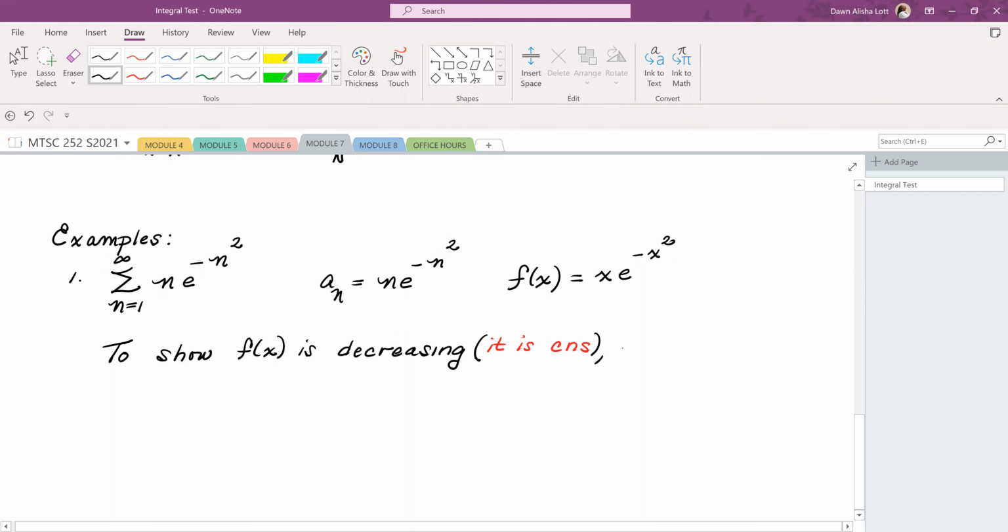We just need to show that f prime of x is negative.